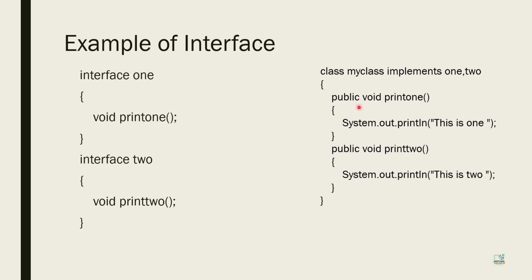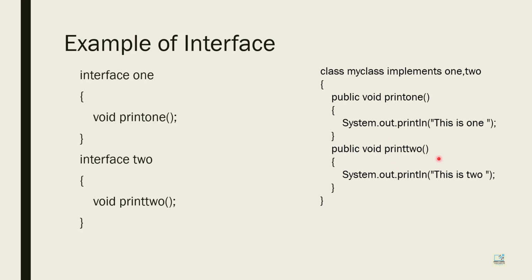You cannot just write void print1, because then the computer will think that you are trying to change the access specifier from public to package, which is not allowed. You have to strictly follow the syntax as well as the access specifier of the abstract method in your class. So you have to write public void print1 and public void print2.